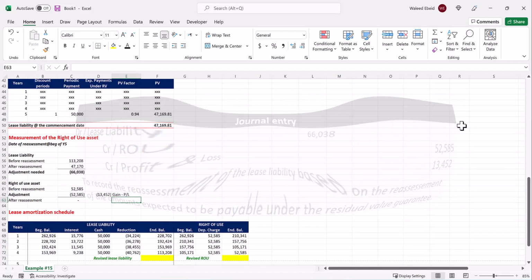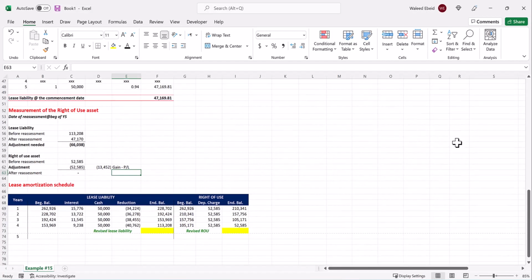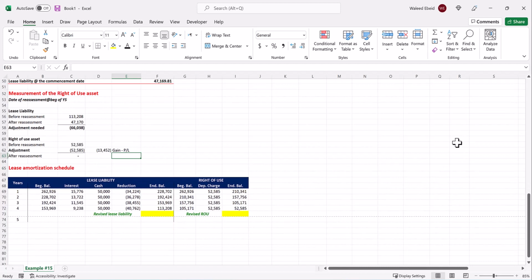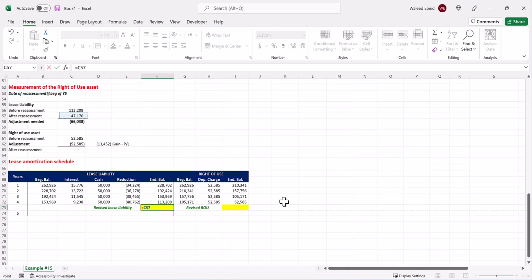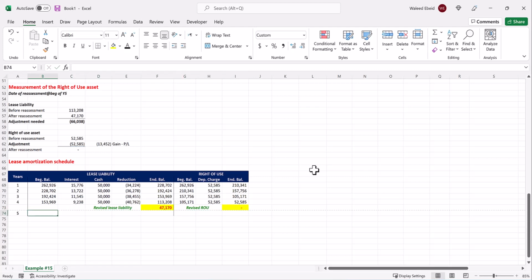Now, let us complete the lease amortization schedule here. Nothing is changed in the data of the first 4 years. Insert the revised balances for both the lease liability and the right-of-use asset. And they are also the beginning balances for year 5. The interest charge is calculated using the original rate of 6%.